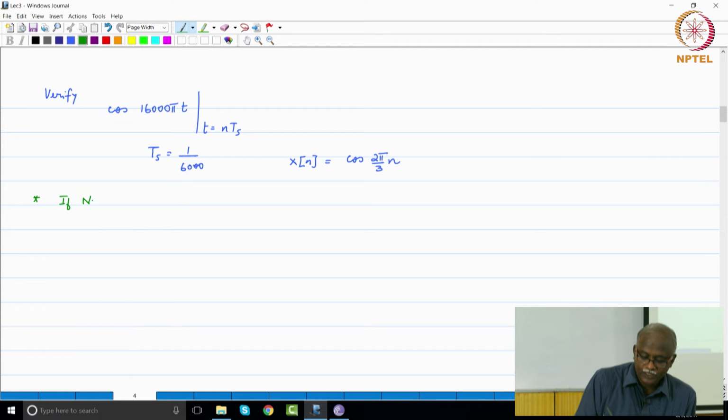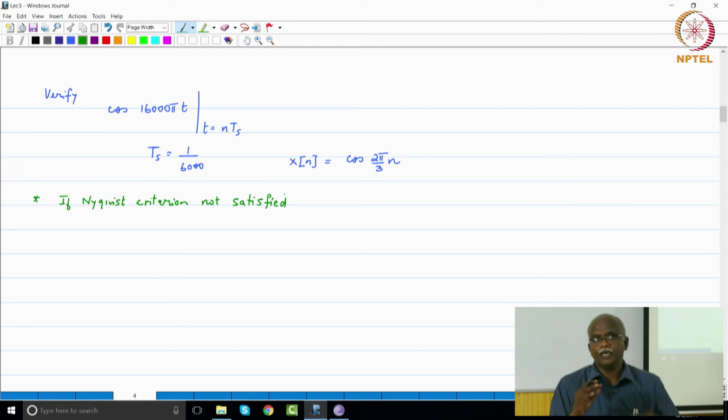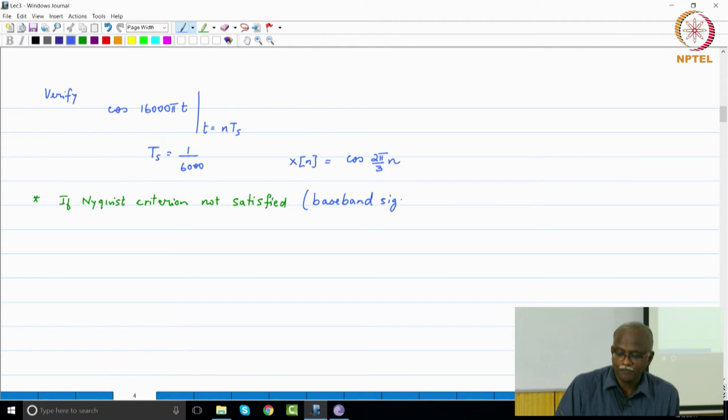If the Nyquist criterion is not satisfied, then there is no claim on uniqueness. And maybe we can make a further specification that we are talking about baseband signals, because yesterday we said that there is a notion of band pass sampling which is different from the sampling of low pass signals or baseband signals.